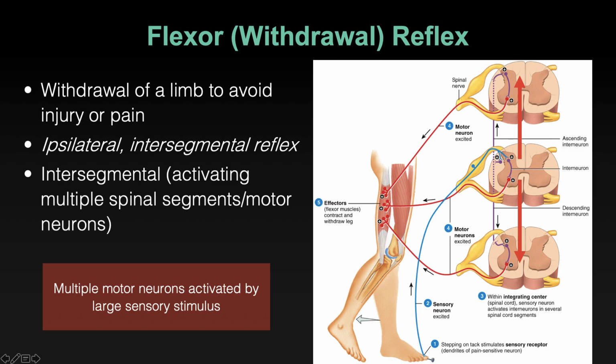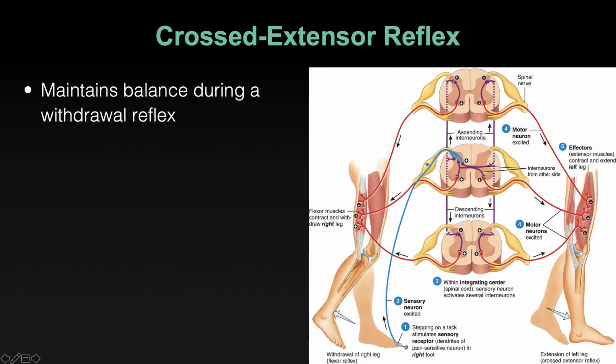But this isn't all that happens, right? If I stepped on a tack right now as I took a step with my right foot, and all I did was flex my right knee to get out of the way, I'm not going to have a good day, right? I'm not going to stay upright. So I need to be able to also activate some accessory structures. And the crossed extensor reflex does just that.